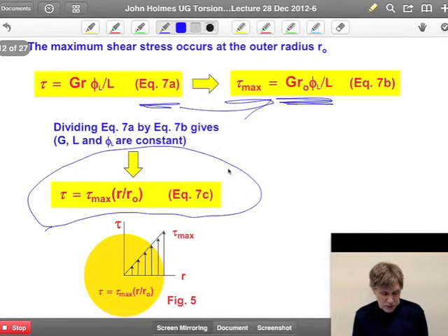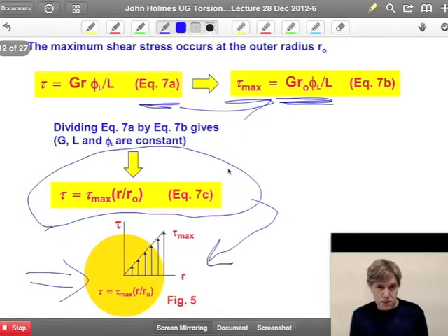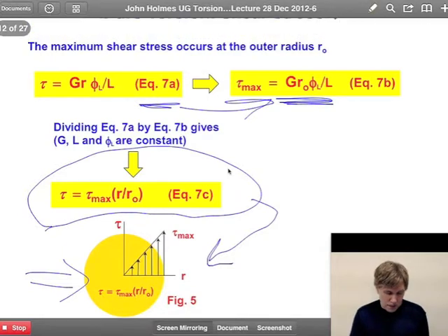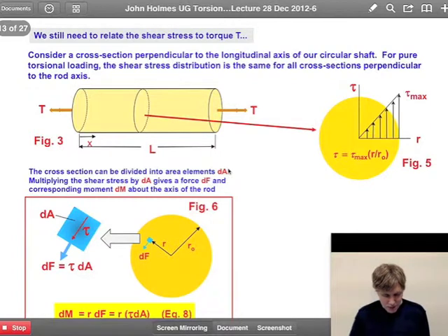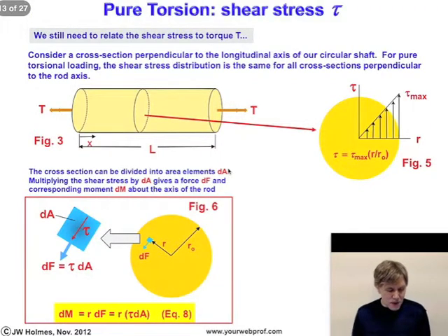I plotted that here in figure 5, where I show a cross section that we've removed from the shaft, and we can better illustrate the linear distribution in shear stress in the shaft. Fair enough?